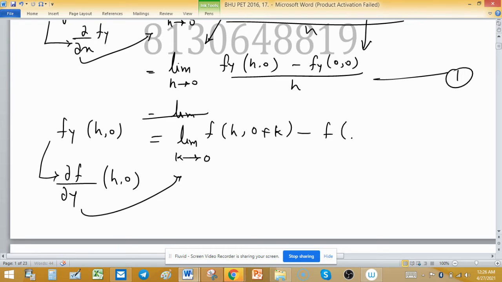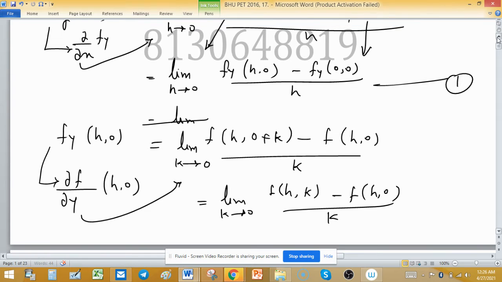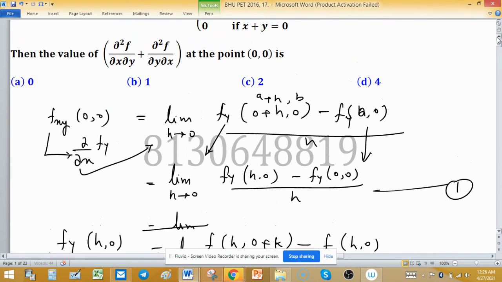And this is minus f(h, 0), the value of the function at that point, divided by k. And this is nothing but the limit as k tends to 0 of f(h, k) minus f(h, 0), divided by k, as h and k are tending to 0. These are not exactly equal to 0.